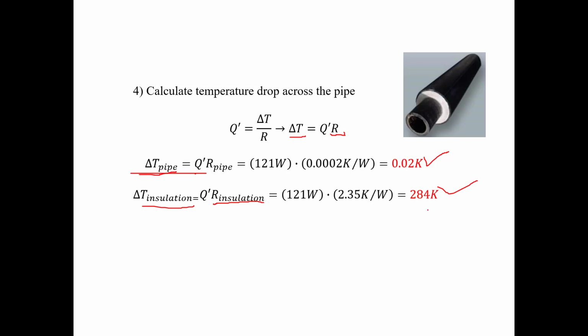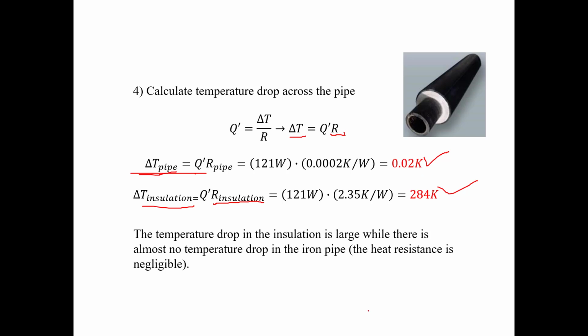What is important to notice here is that when you are looking at delta T across the pipe, there is hardly any temperature drop. And when you are looking across the insulation, you can see there is a huge temperature drop, and what it is showing you is that the insulation is working and is trying to conserve heat inside the system, because the temperature drop of the pipe itself is really low.